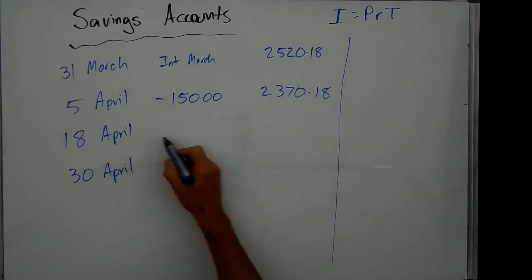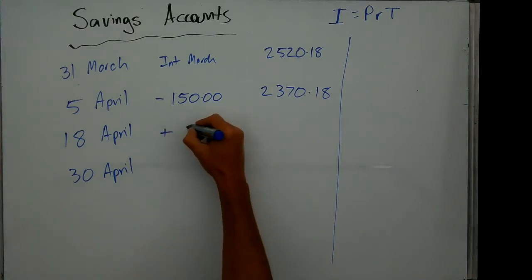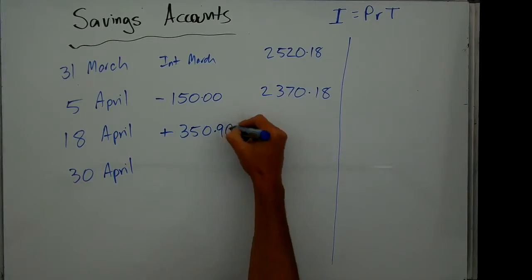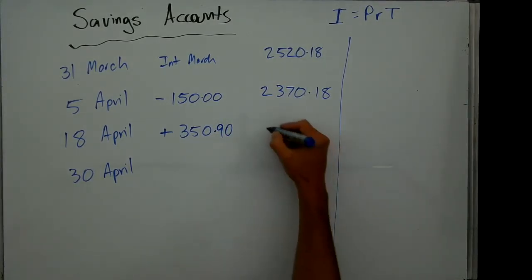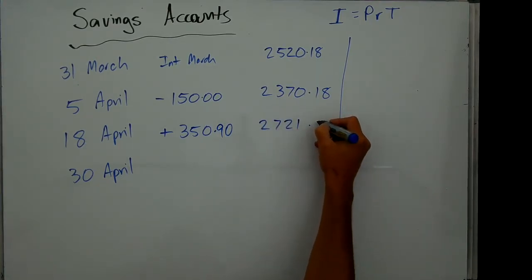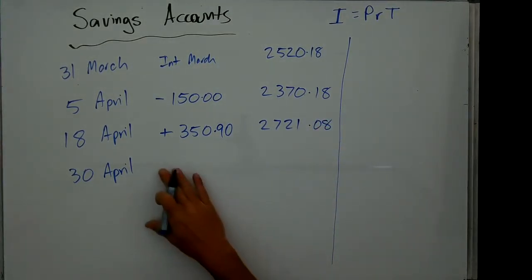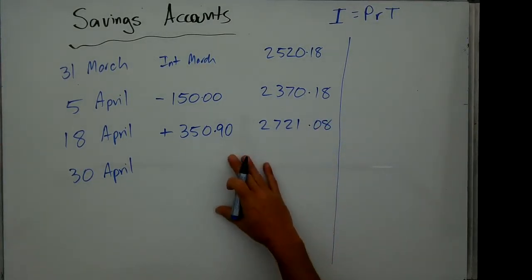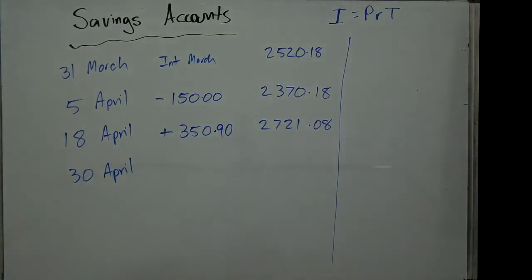On the 18th of April, we put in $350.90. The new balance is $2,721.08. And we need to work out the interest on these different balances for however many days.